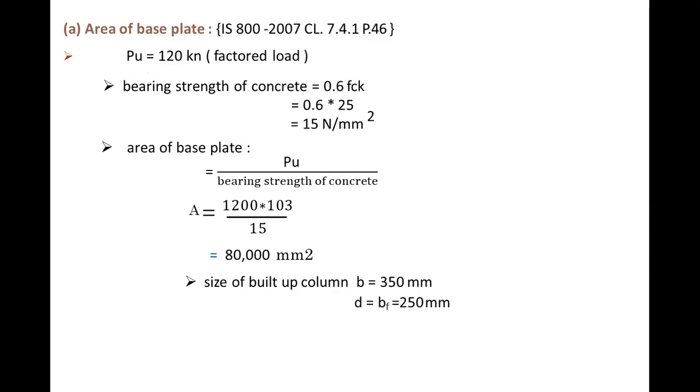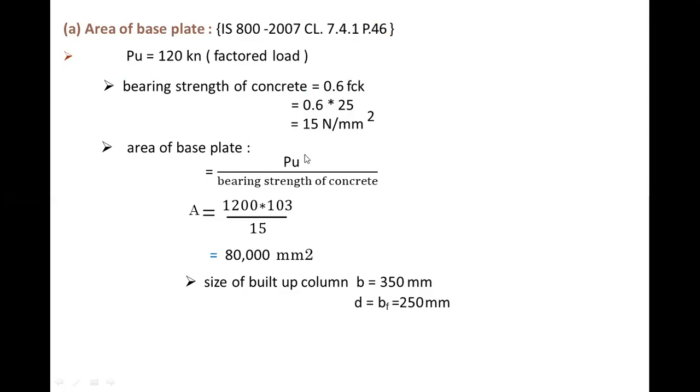The bearing strength of concrete is equal to 0.6 fck. We know that fck is equal to 25 Newton per mm square, so multiplying by 0.6, our answer is 15 Newton per mm square. Next is the area of base plate. How do we find the area of base plate?